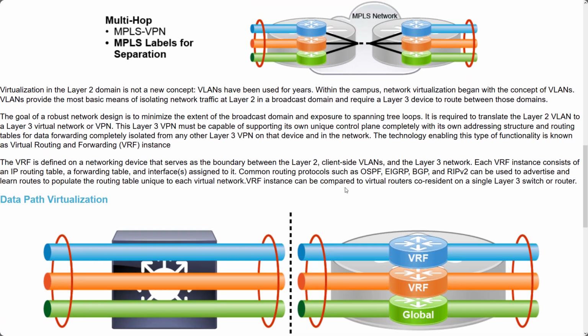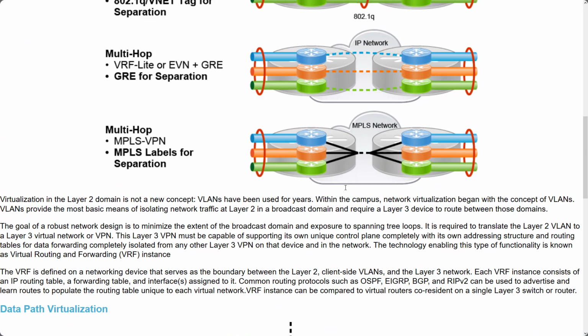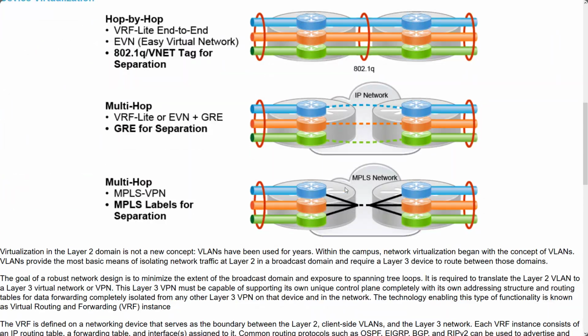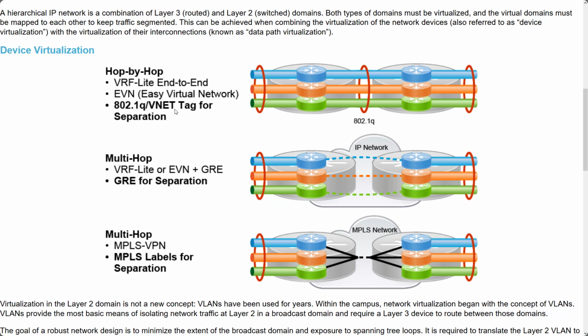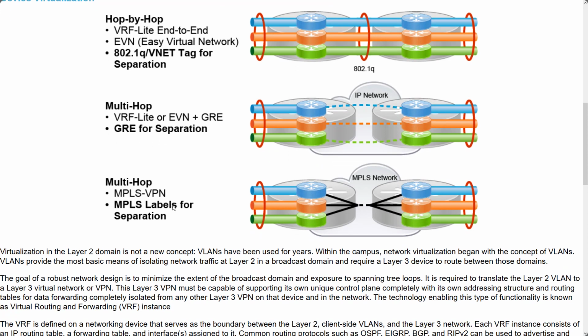We can see that broken down here. If you look at the device virtualization context, we can see things like VRF Lite, Easy Virtual Networking, 802.1q or VNet tags for separation. This would all be considered somewhat layer 2 elements. With multi-hop environments, we might have VRF Lite with GRE traffic.